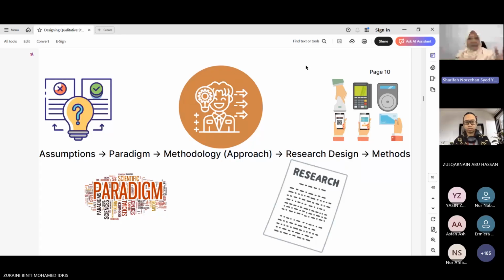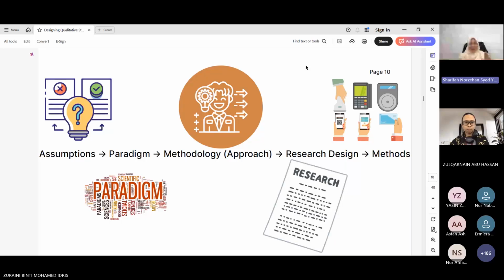So what are the assumptions, and why are you looking into that area of research? Assumptions will give you the paradigm, and paradigm will shape your methodology, your approach. Once you know your approach, you can design your work, and then you know what data to collect.